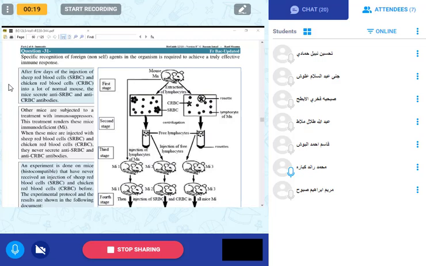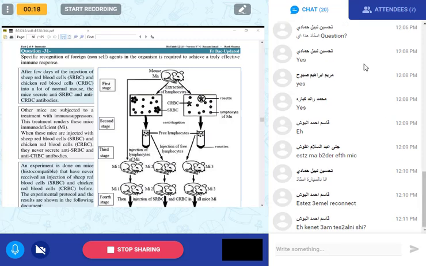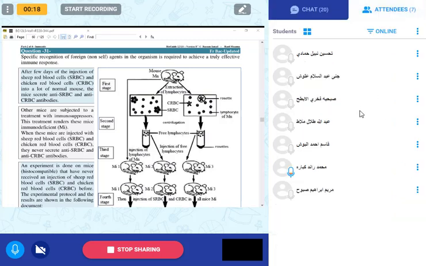After a few days of the injection of sheep red blood cells and chicken red blood cells into a lot of normal mice, the mice secrete anti-SRBC and anti-CRBC antibodies. يعني لما بتحط بالماوس red blood cells من الشيب وred blood cells من التشيكن، الماوس بيعمل antibodies ضد الشيب red blood cells والتشيكن red blood cells.